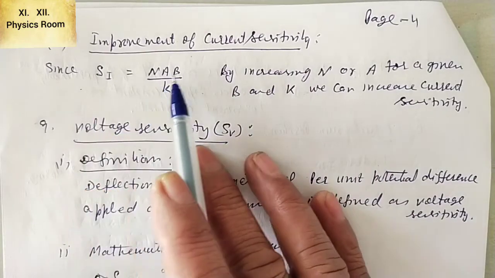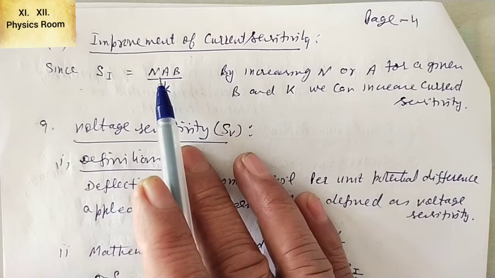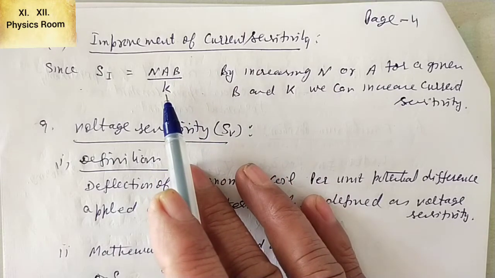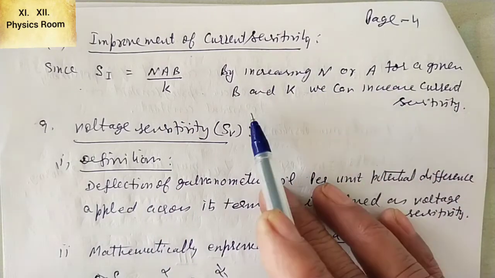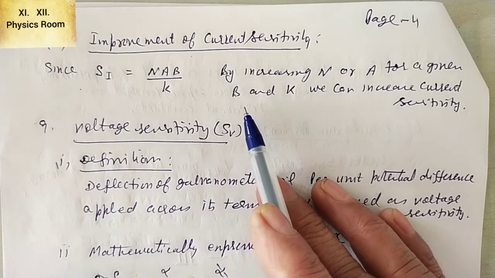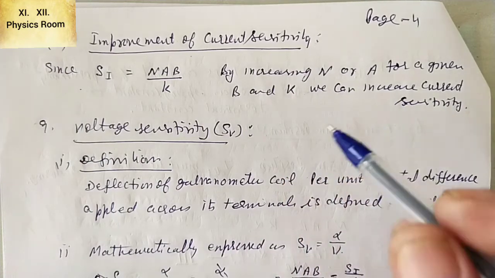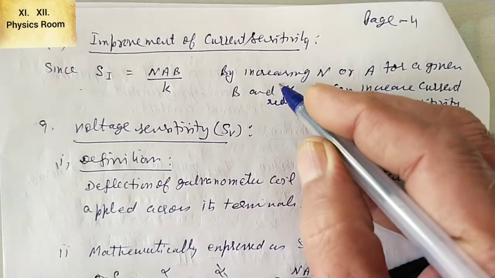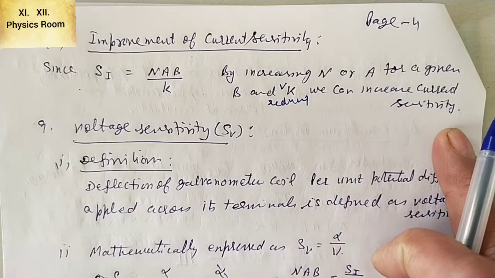Since SI is equal to NAB by K, by increasing N or A for a given magnetic field B and reducing K, we can increase current sensitivity.